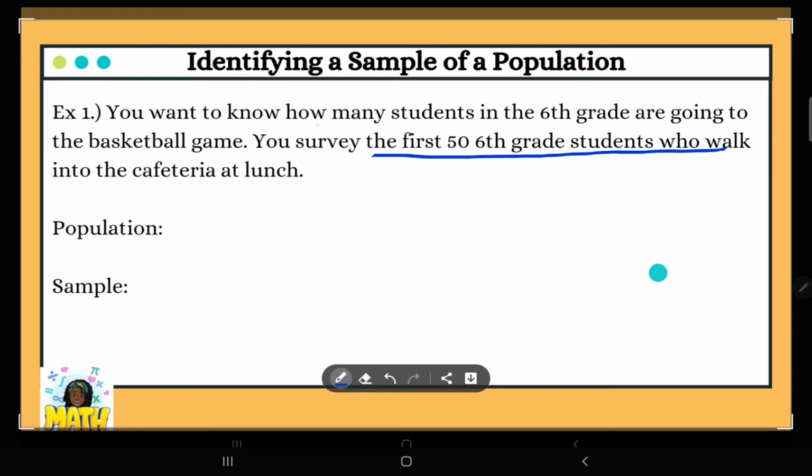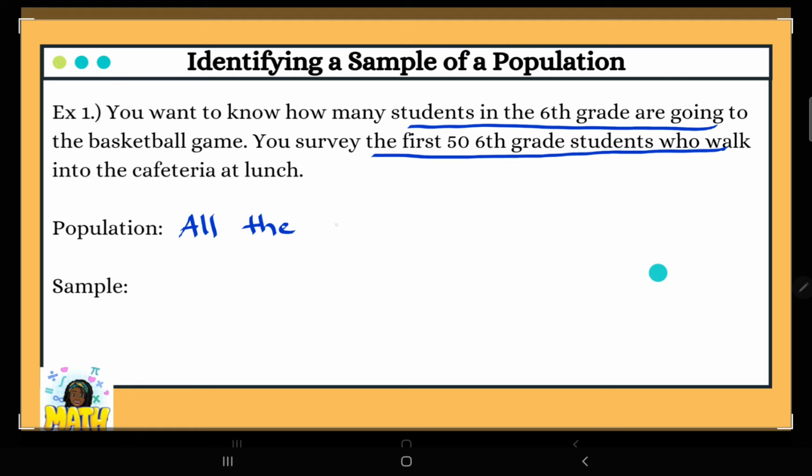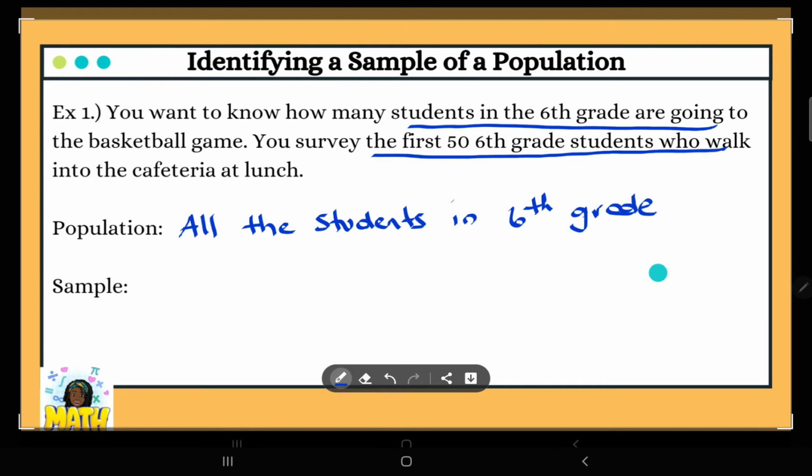So here our population would be all the students in the 6th grade, and the sample that we're going to use would be the first 50 6th graders who walk into the cafeteria.